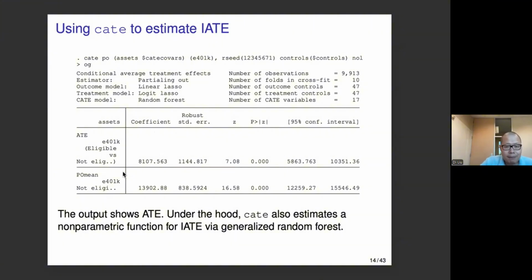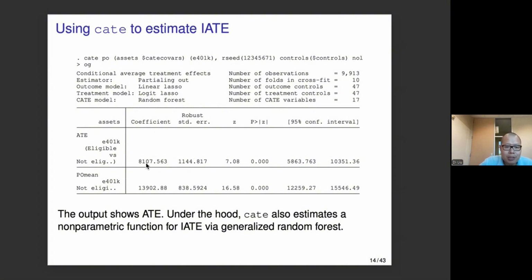At first glance, the output turns out to be no big different from traditional treatment effect estimation commands, like teffects. For example, this number, 8,107, is just the ATE.